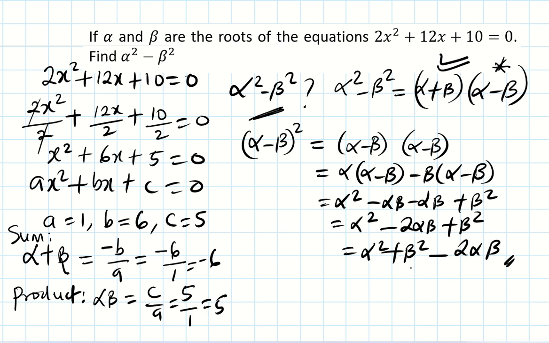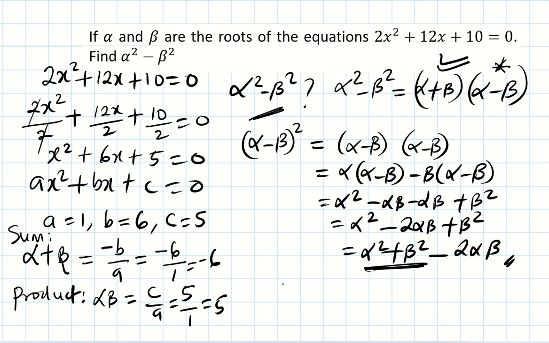This is what we have, but we need to find alpha minus beta. We already have alpha beta, because the aim now is that we're looking for alpha minus beta. So what we need to do is just take the square root of alpha minus beta squared. So when we do that, we have alpha minus beta, but we need alpha squared plus beta squared.